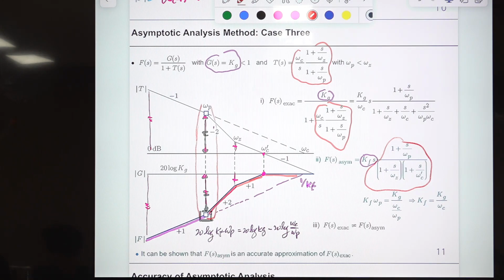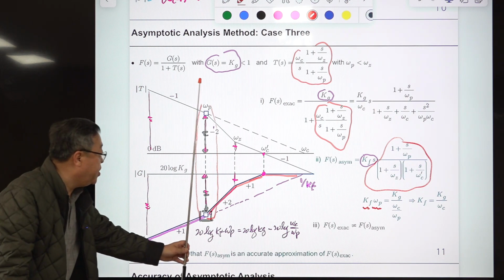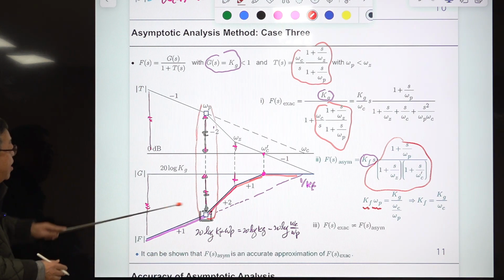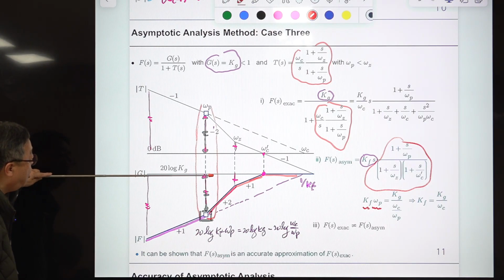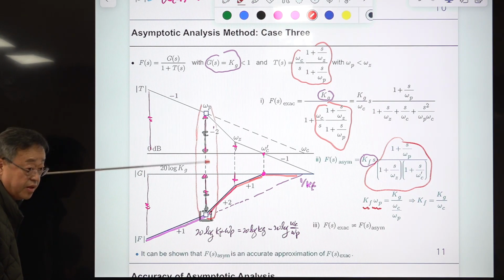This part, okay. So this line segment evaluated at this point is KF(s) evaluated at omega p. This is the omega p frequency. It's the same as 20 log kg minus this one.